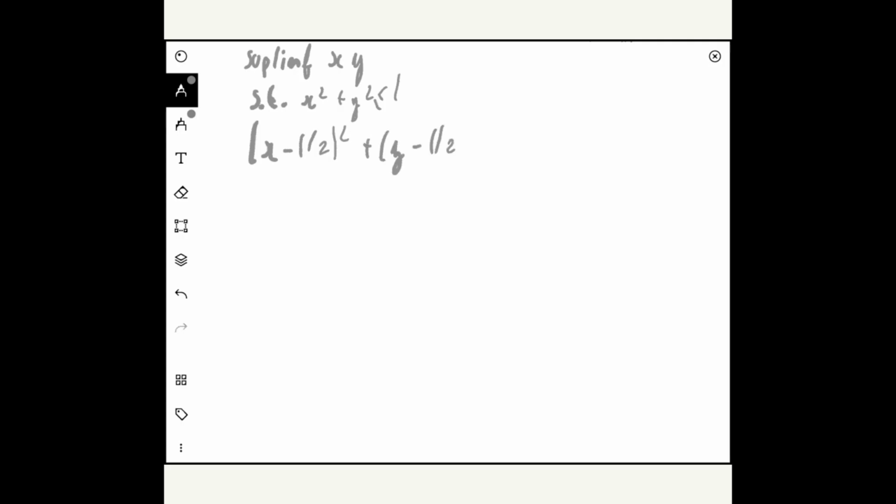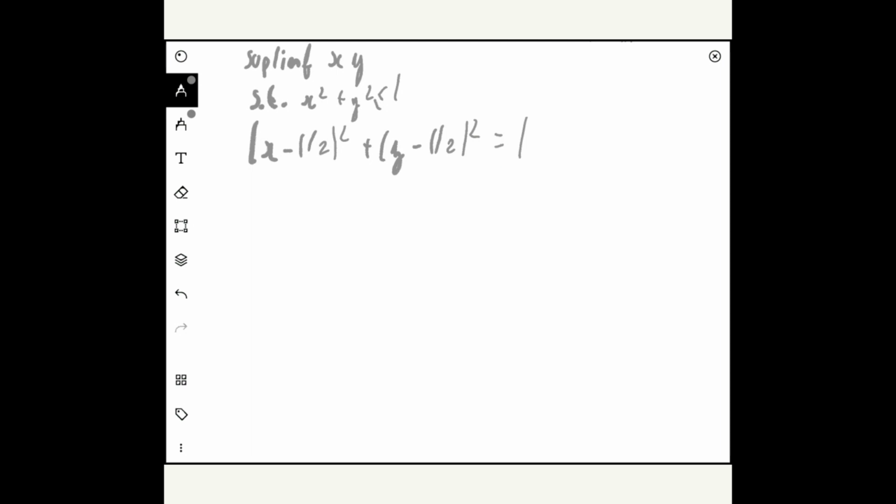Okay, so I want to drive you through the same example, but instead of using moment matrices, we will be using a sum of squares relaxation of level 1 in our problem, which is the minimum of f of xy such that x squared plus y squared is less than or equal to 1, and (x minus 1/2) squared plus (y minus 1/2) squared is equal to 1.